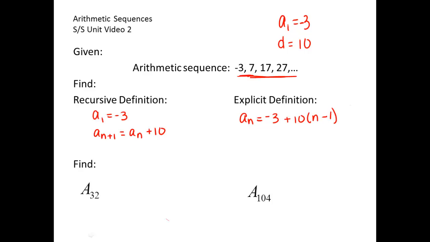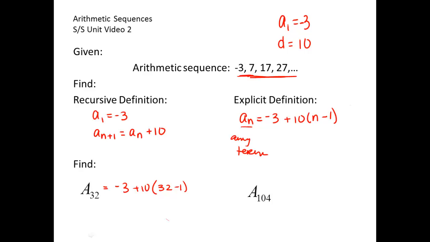All right, so let's find A sub 32. So I want to find the 32nd term. And to do that, we're going to again use the explicit because it helps us find any term. And I'm going to have negative 3 plus 10 times, this time it's 32 minus 1 because it's the 32nd term.